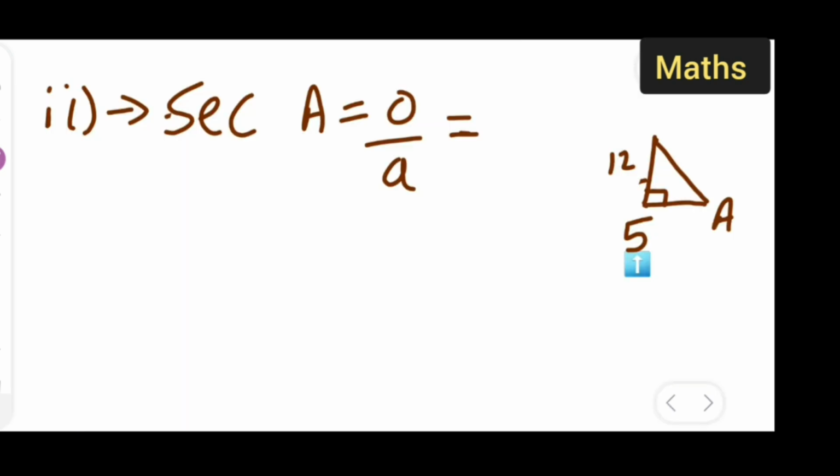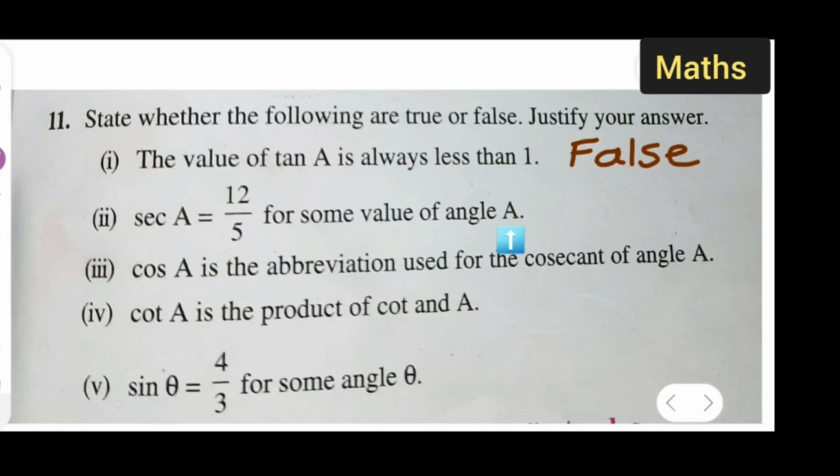So this will be 12 upon 5. This will hold for some angle A, so this will be true.